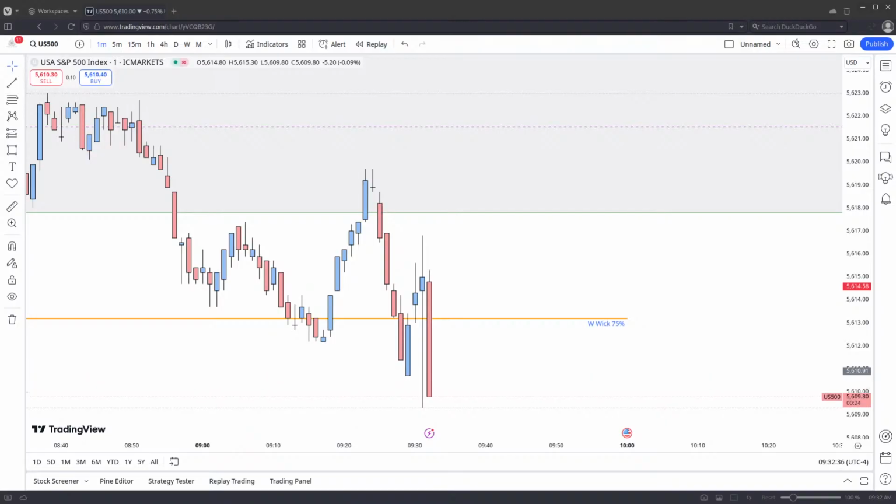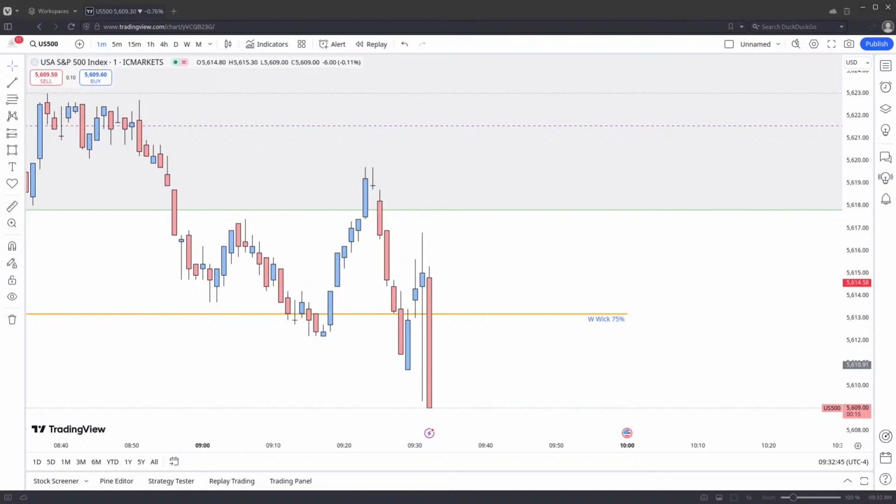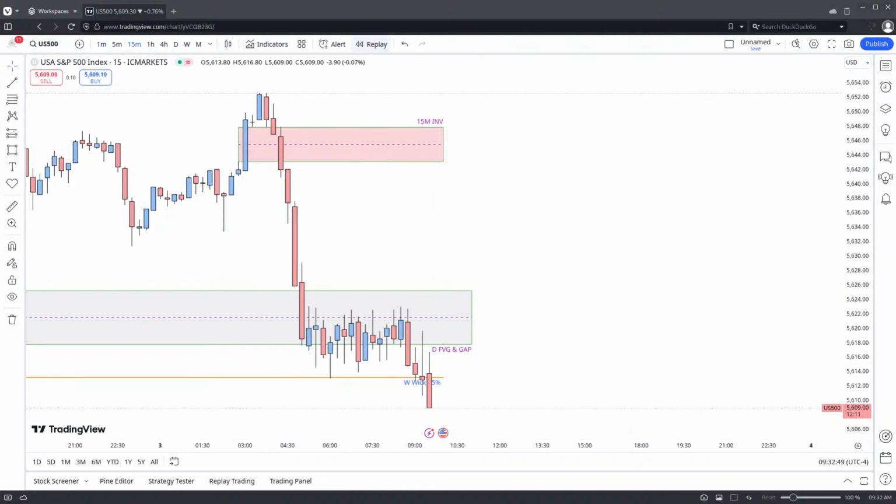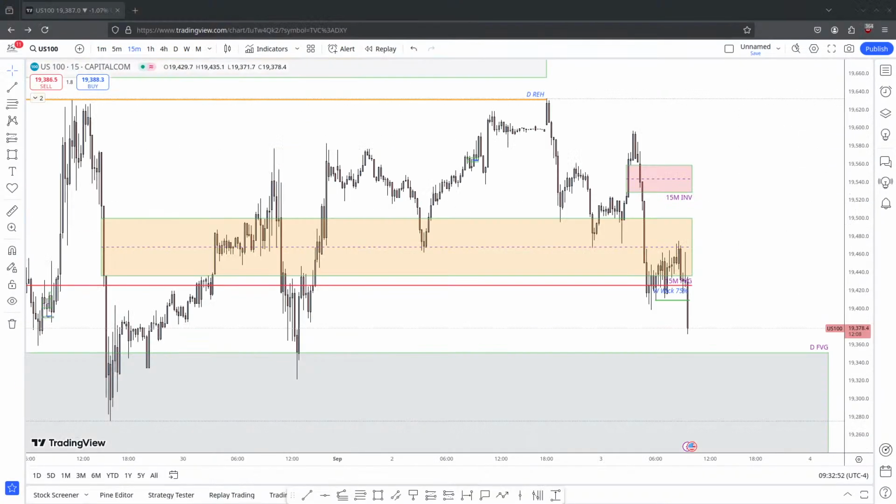Nothing to take. Could draw into these equal lows down here as well. Relatively clean. These lows here, by the way. Like I said, I need to get used to this stuff switching around now all the time.